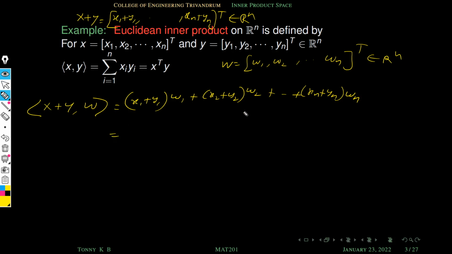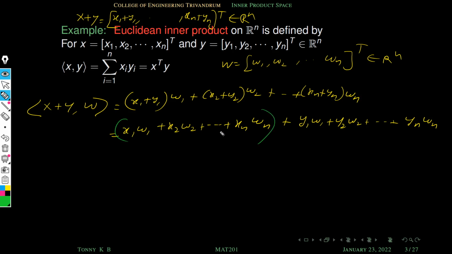Next we can expand this, like x1 w1 plus x2 w2 plus etc. xn wn. We group these n terms together. Then another n terms are y1 w1 plus y2 w2 etc. plus yn wn. We group these n terms in another set. Then what about this one? By definition, this is the inner product between x and w.